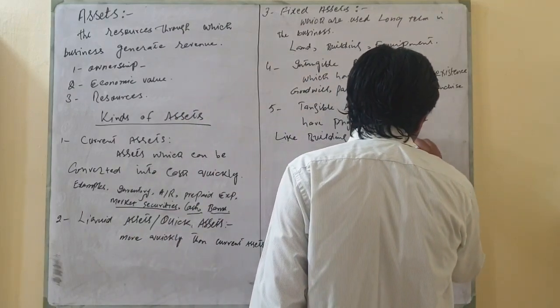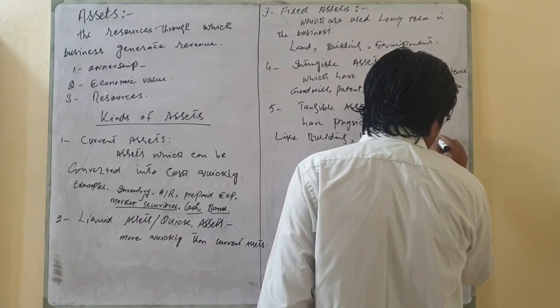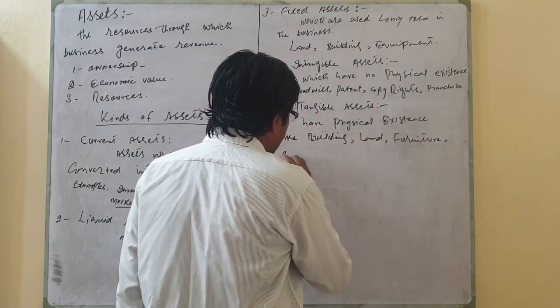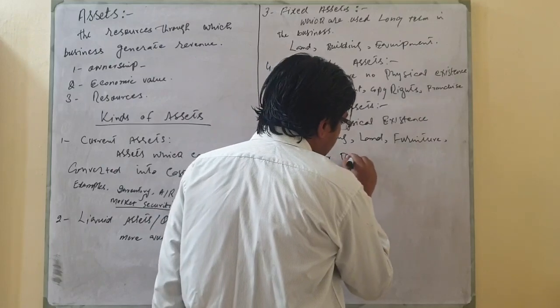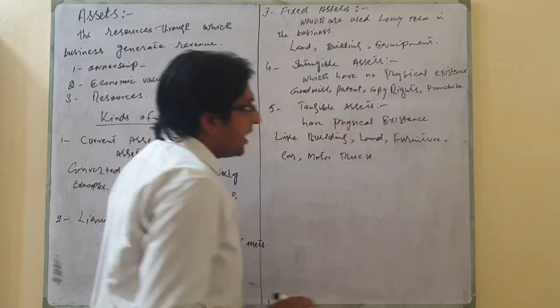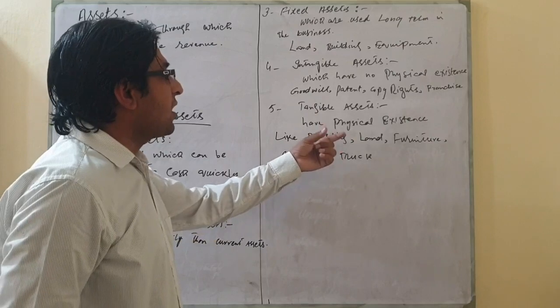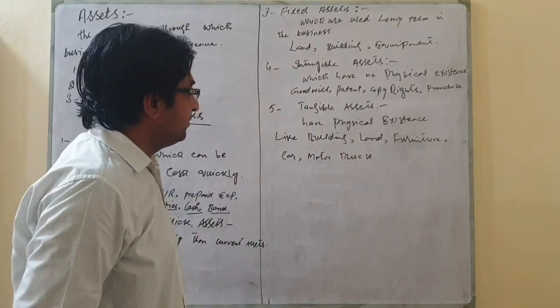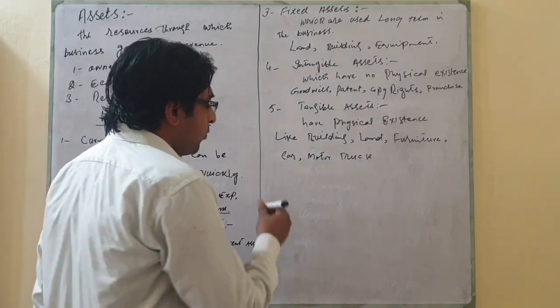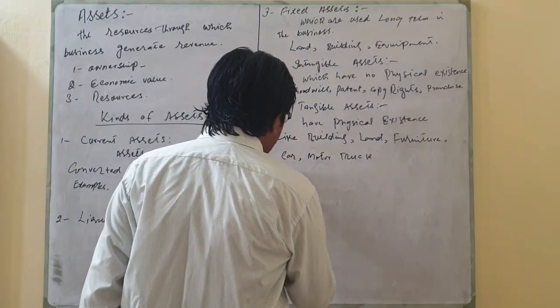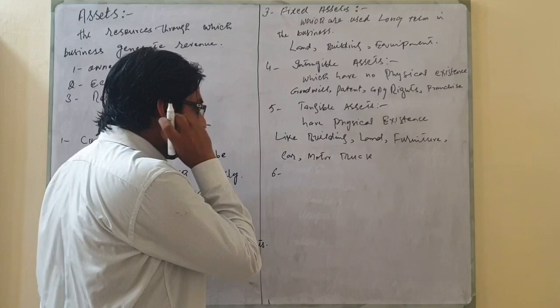Furniture, we can see it. Car, motor truck, and many other types of assets are called tangible assets. After studying tangible assets, now we move toward another category that is called fictitious assets.